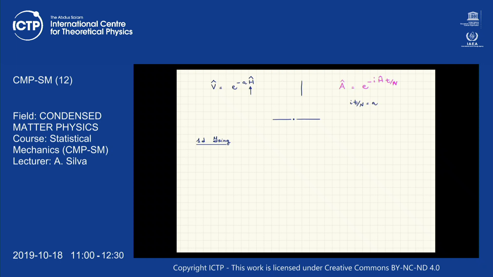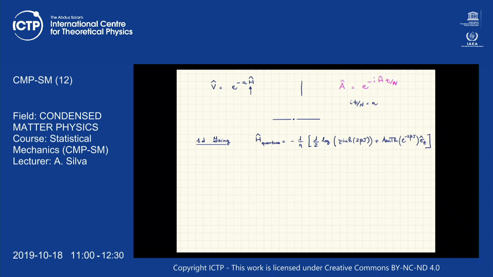Well, h quantum would be equal to minus 1 over a times 1/2 the log of sinh of 2 beta j plus arctanh of e to the minus 2 beta j sigma z.